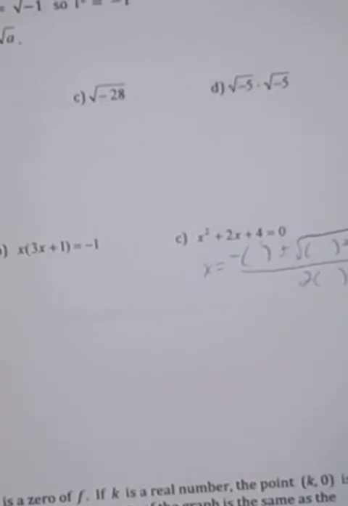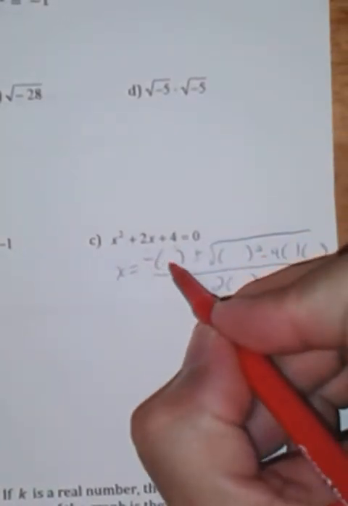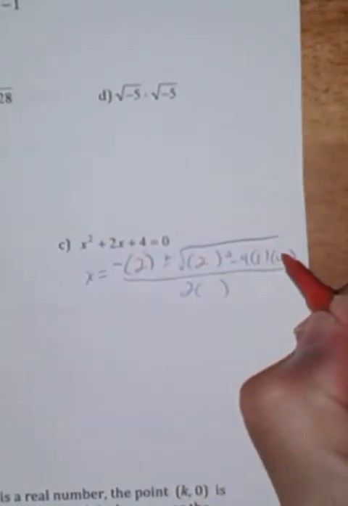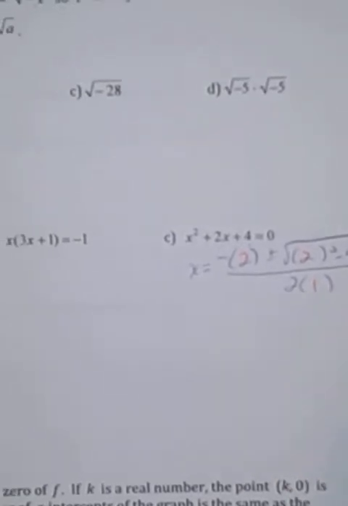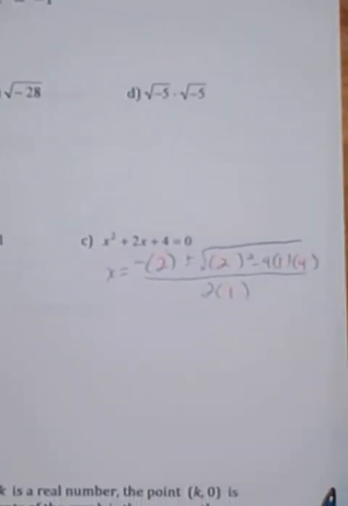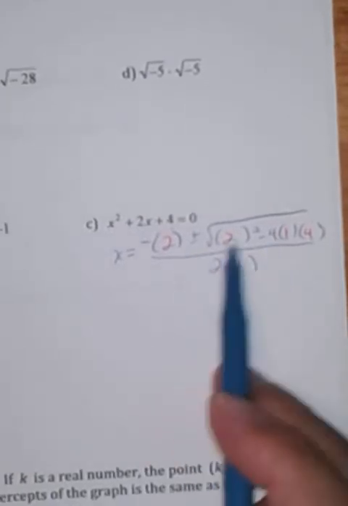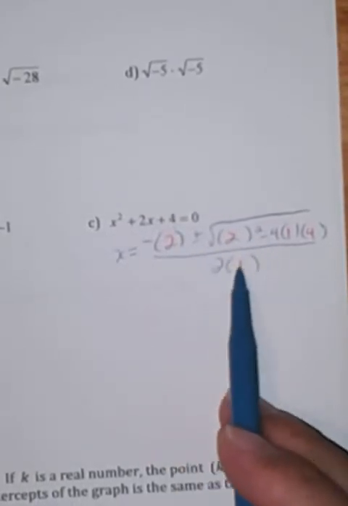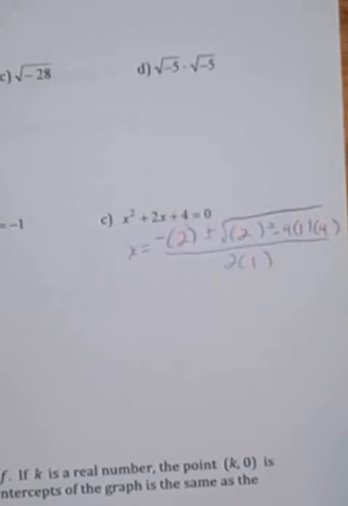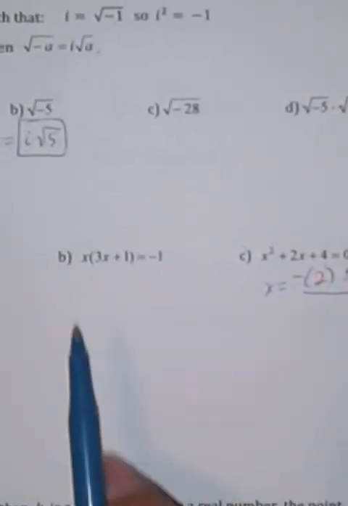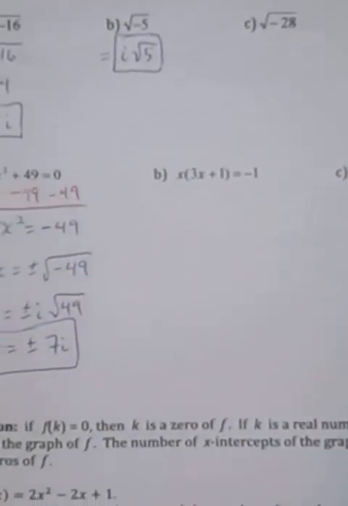I'm going to plug in the numbers, and we'll leave it to finish in class. So b is 2, a is 1, c is 4, and a is 1 again. We just need to simplify all that. Notice the quadratic formula is really just simplifying. You do need to remember it. If you're going to use it on a quiz or a test, you'll need to memorize it. So you finish that, and we'll leave B for class.